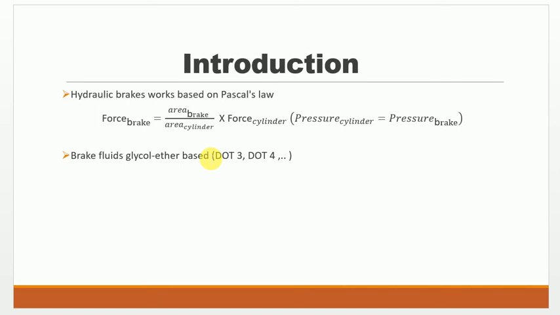So what does it actually mean? DOT 3 and DOT 4 are standards based on the Department of Transportation of the United States, and these standards are equivalent to the SAE standard. For example, if you have a vehicle which prefers DOT 3 brake fluid, you can use either DOT 3 or DOT 4, but not below that.